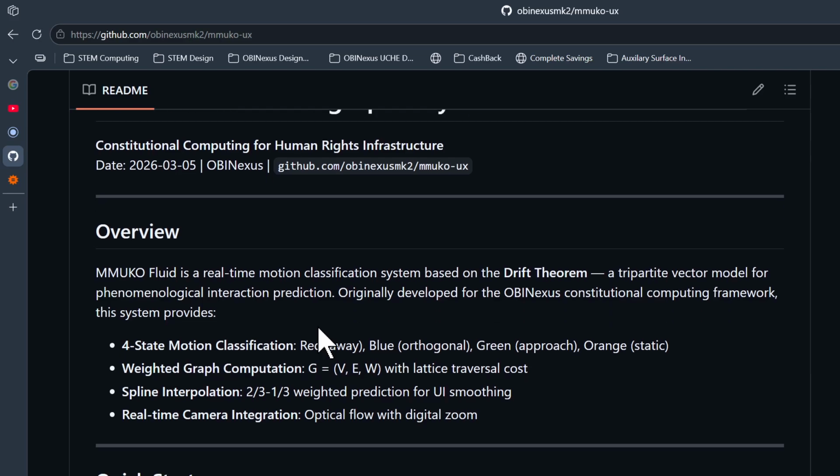So there's four states. You got red, blue, green, and orange. But they are constants. So you have a weighted graph, G = (V, E), where V is a vertex set and an edge is weighted, but it calculates the weight based on the lattice, the order of the traversal cost. So it's basically the simplicial interpretation of a system, of a geometry lattice.